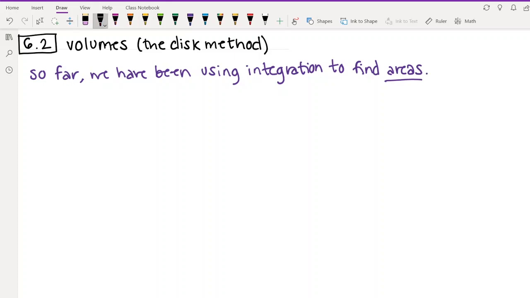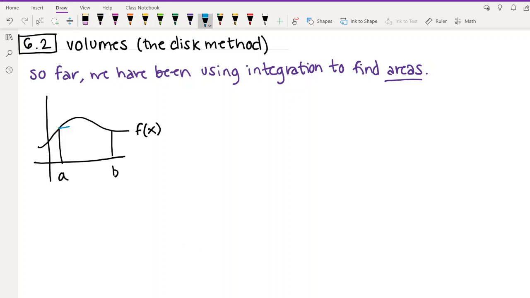So I just want to remind you where the integral came from, this idea of approximation and how that turned into the integral, because that same kind of connection is going to happen with talking about volumes. So when we were first talking about finding the area of a region of a graph, we were using rectangles to approximate, right?